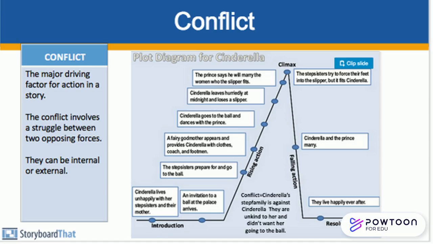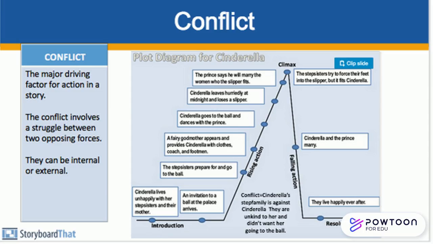You can also have person versus society, meaning one person is trying to change something that is happening within a government or larger society as a whole. You can also have an internal conflict, meaning person versus themselves. Something is going on that they have to resolve their feelings for.